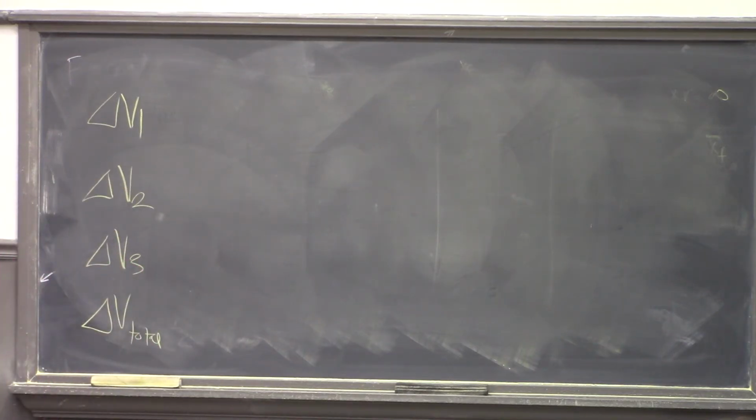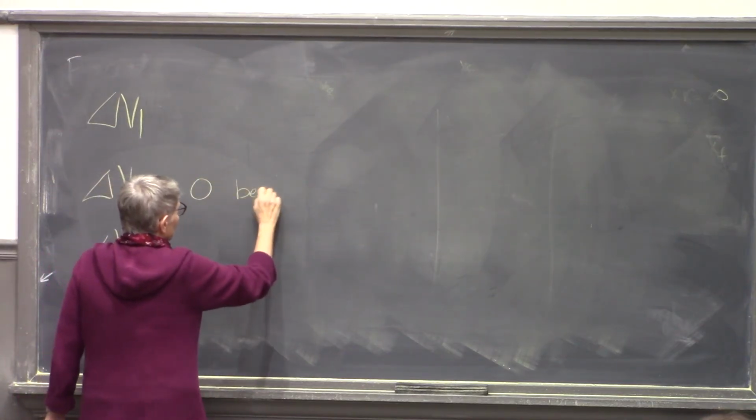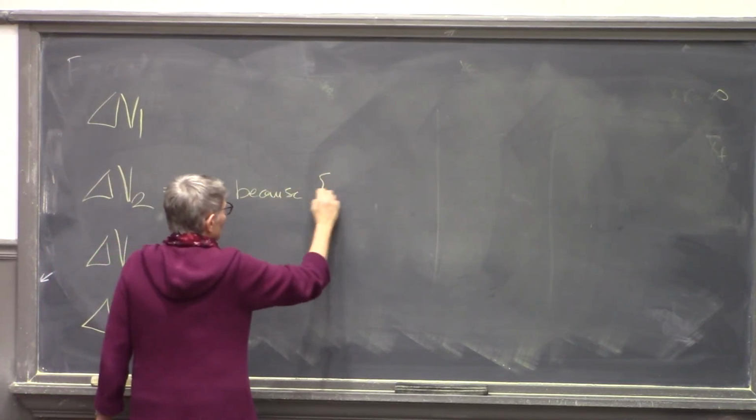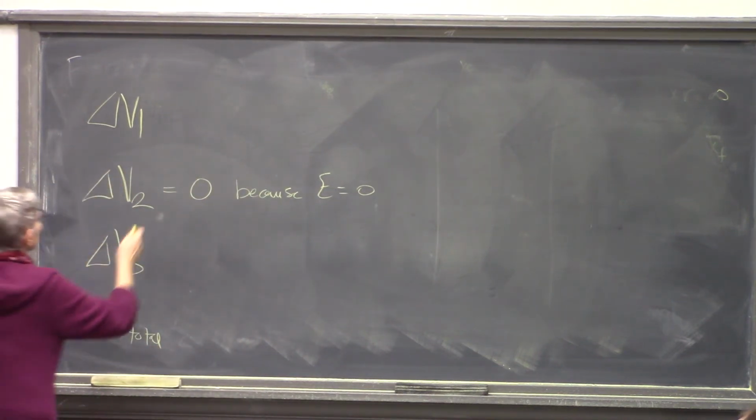Okay, so which one's easy? Which one can we just do by inspection? Yeah, delta V2 is 0, isn't it? What's delta V1?